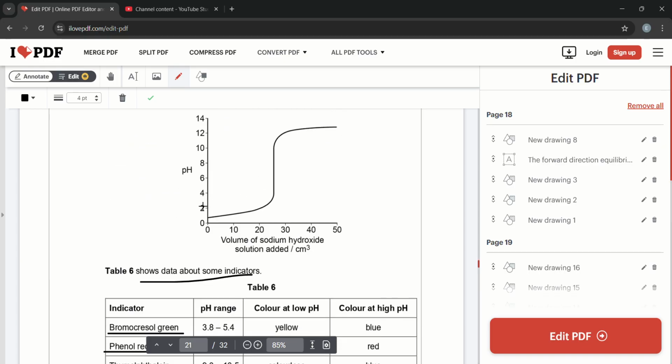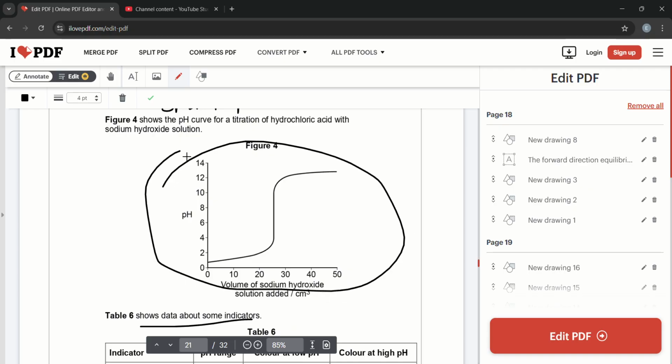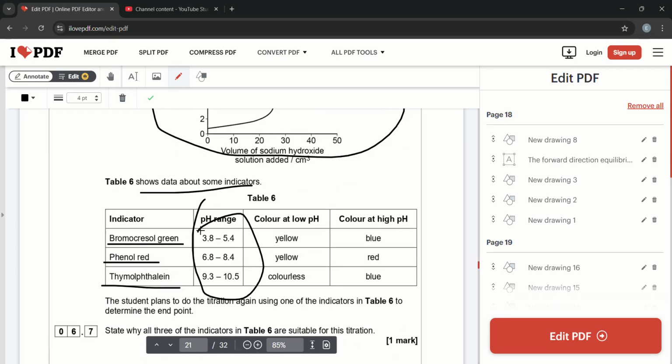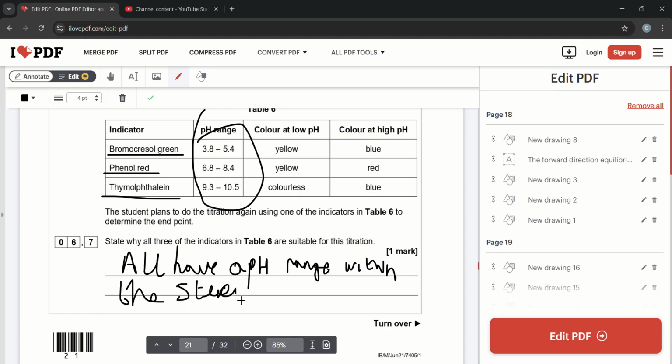Well, it's because you look at this figure 4. All of these indicators have a pH range within the vertical, like within the steep part of the titration curve.